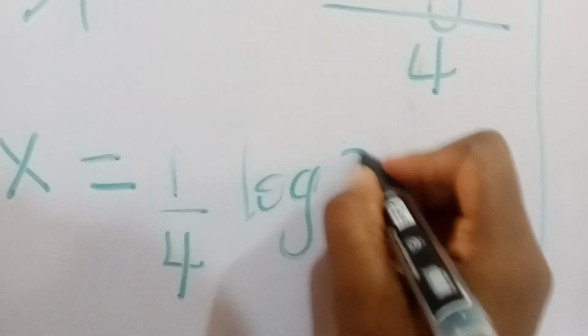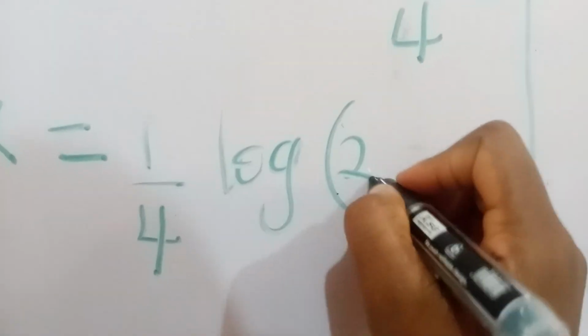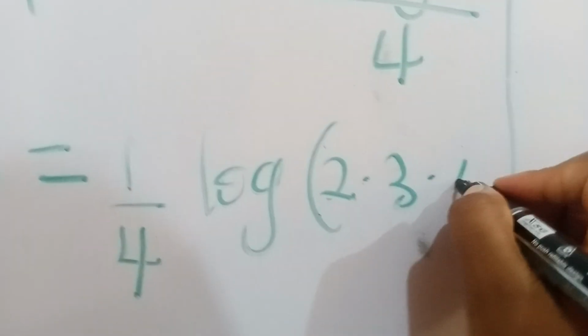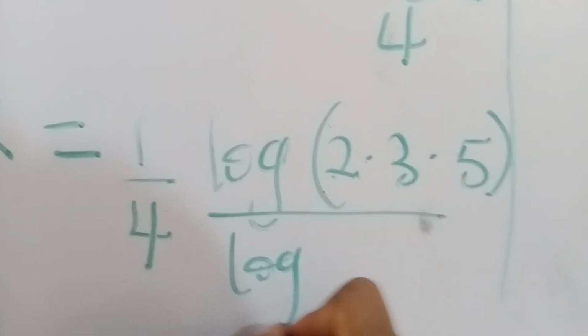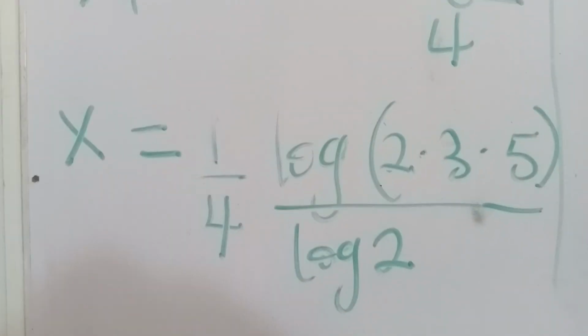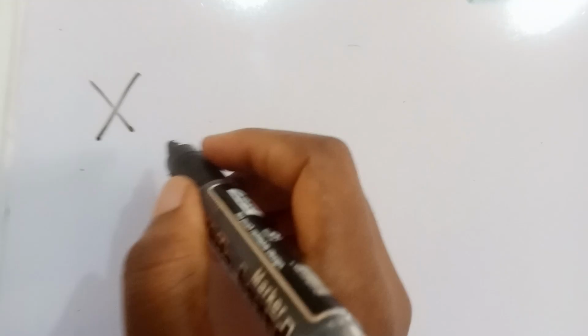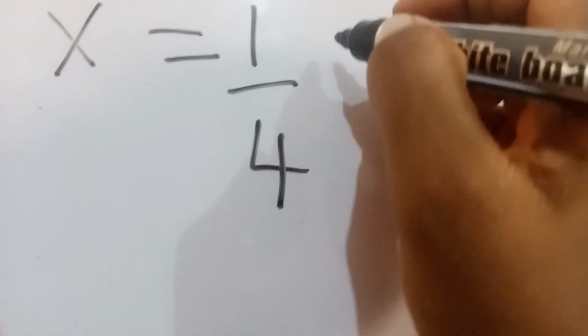Log 30 can be expressed as log of 2 times 3 times 5, all over log 2. So we move on. Our value for x is 1 over 4.